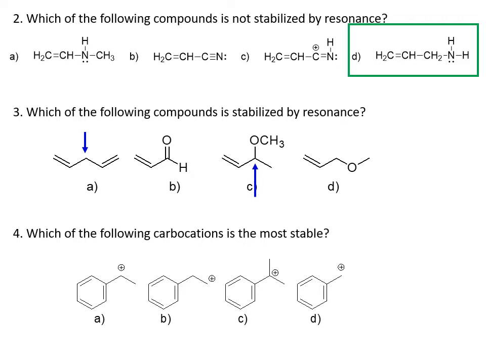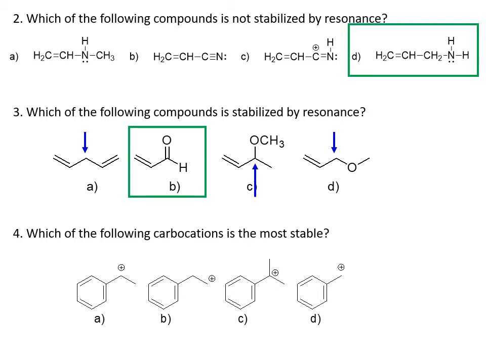In C, again an sp3 carbon between a free electron pair on oxygen and a double bond, which prevents electron delocalization. And D, the same thing. We have a very similar compound, an allyl ether in both cases, C and D. Again we have an sp3 carbon between the free electron pair on oxygen and a double bond. So the correct answer is B.